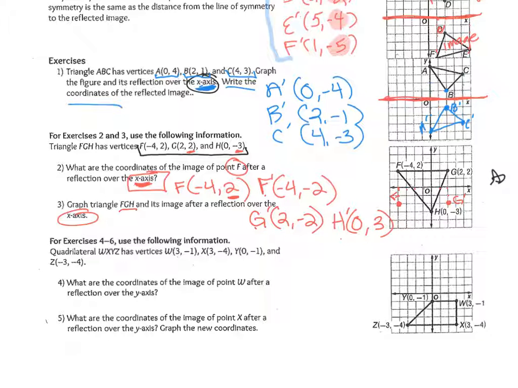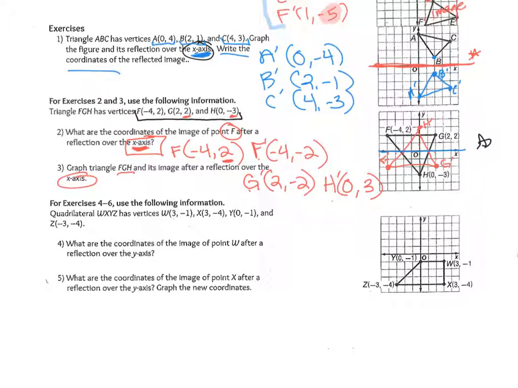And H prime is at 0, then up 1, 2, 3. So it's kind of weird when your picture is this large because it doesn't look as pretty as these up here where it actually looks like a mirror, but you can tell that it is. It's flipped over that line of symmetry, which was our x-axis. So you can see where it flipped over.